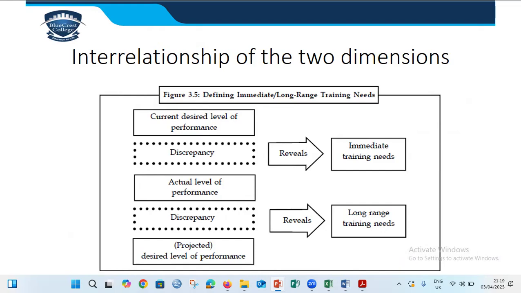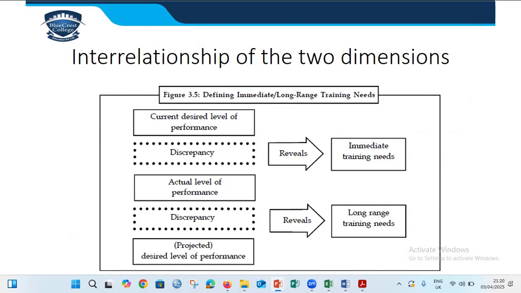Okay, so one has to do with the desired level of performance against the actual level of performance, and the other one has to do with the actual level of performance against the desired level of performance. So in all of those cases, you realize that there will be a training need. In one case, it will be an immediate training need, okay? And the other one has the long range training need.